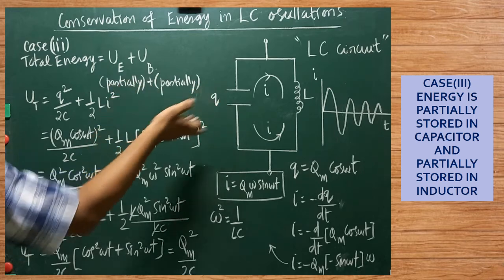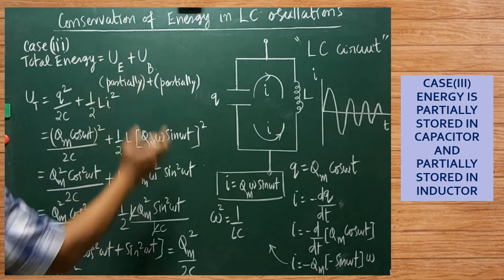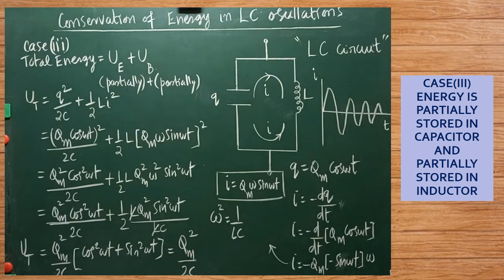Both energies are available in the third case, and if both are added, the total energy is again Qm square divided by 2C. So in all three cases we have proved that the total energy stored in the LC circuit remains constant. It may be asked in an essay question or a 3 mark question. Very important, very interesting one also. Okay, thank you.